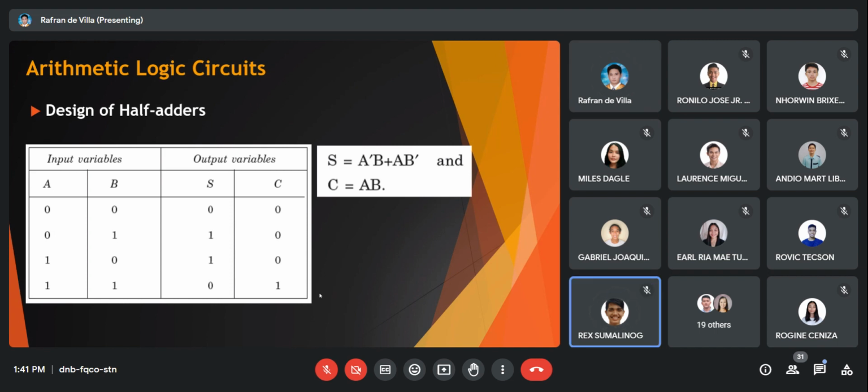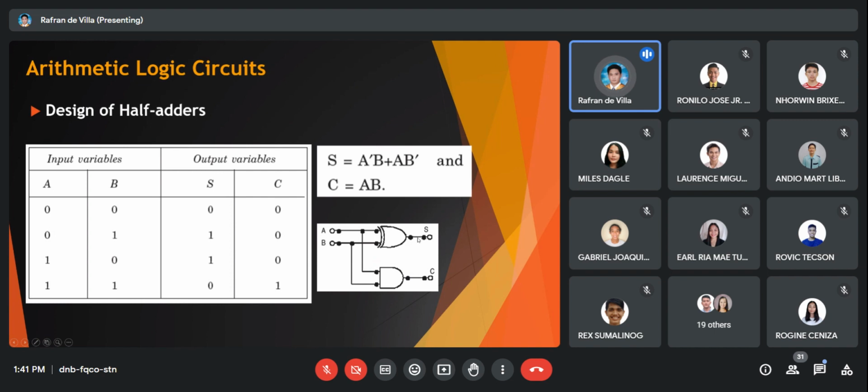AND gate, sir. So it is simply an AND gate. So we can design the circuit in this manner. This is now the design for a half adder circuit. As stated in our discussion last time, this is an example of a CLC. Basically, there is only a single output for every given input combination.